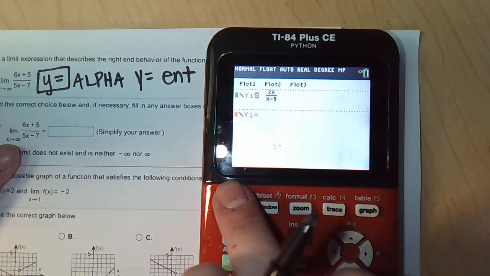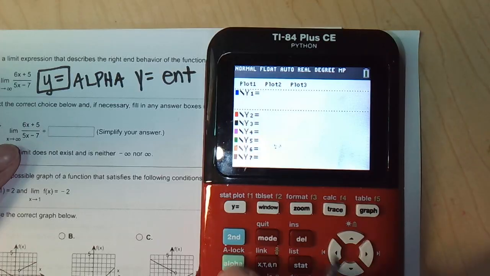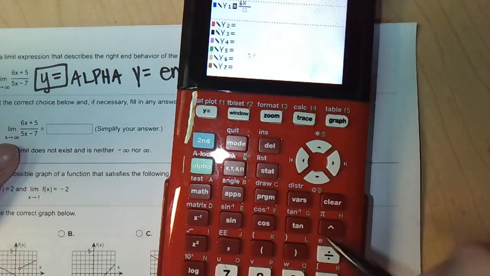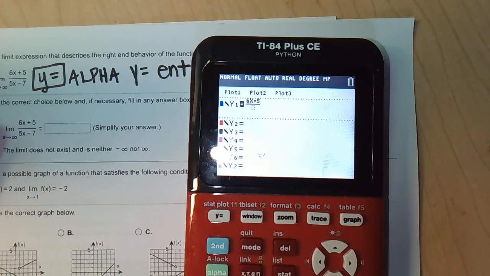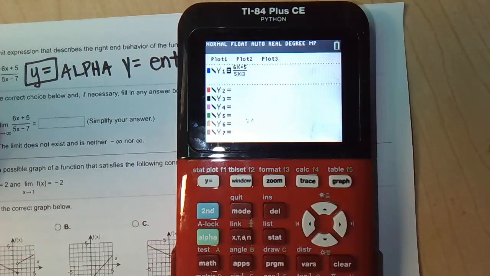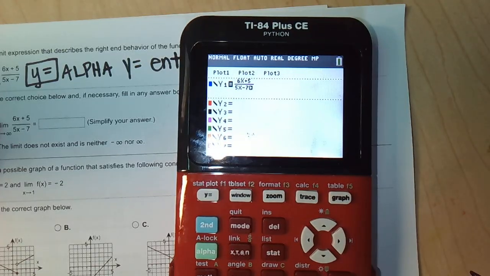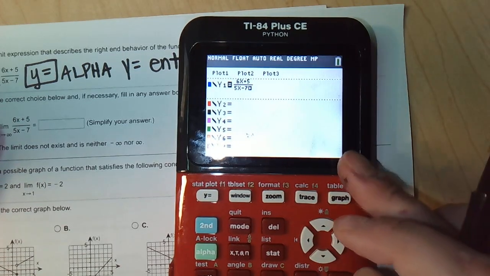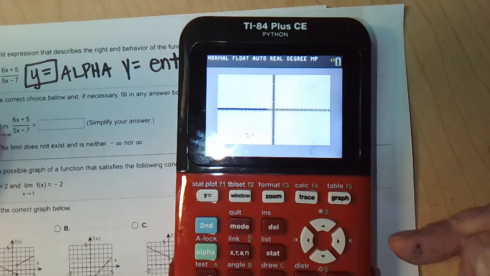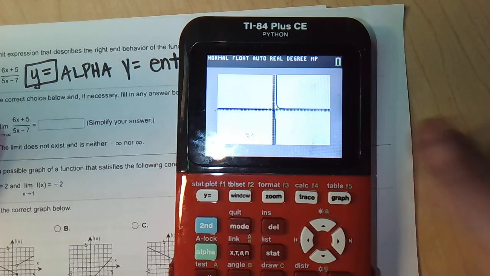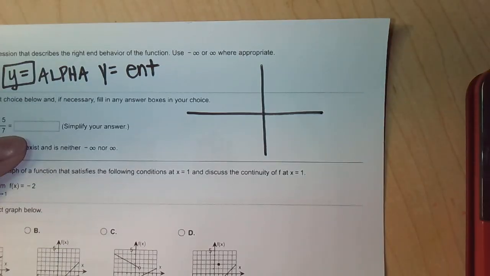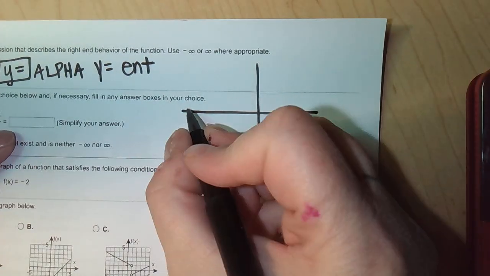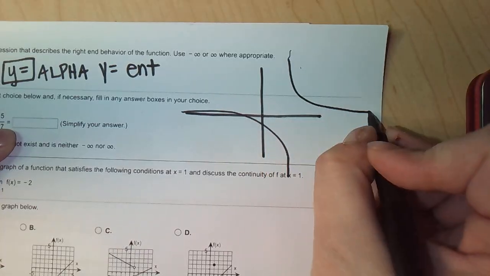Then 6x, remember the x is this X,T,theta button, 6x plus 5, all over 5x minus 7. Okay, let's go to our graph. My graph is still pretty zoomed out, but it's okay. Let me draw it. My graph looked something like that.